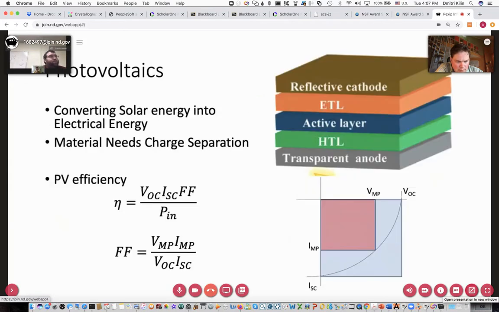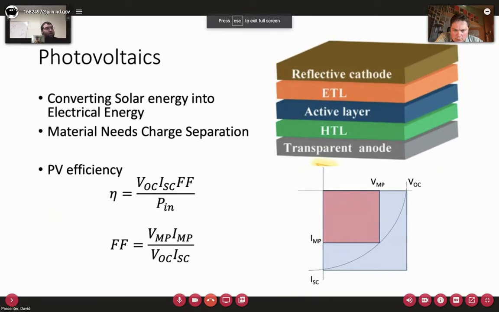And the main focus of my research is looking at these materials for their photovoltaic potential. Photovoltaics is the method that we use to convert solar energy into electrical energy. One of the major things we're looking at, and which is necessary for photovoltaics, is charge separation.